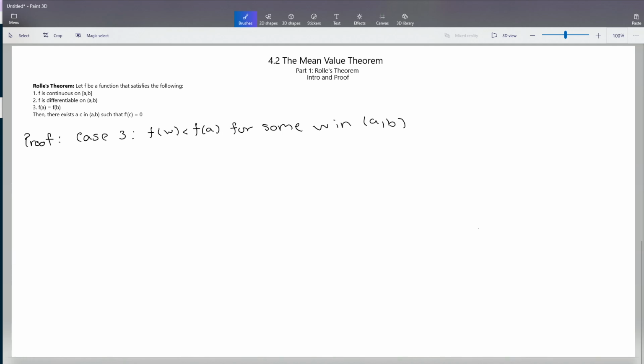Now, again, we are going to use the fact that the function is continuous. We want to say specifically that it's continuous on AB, the closed interval.